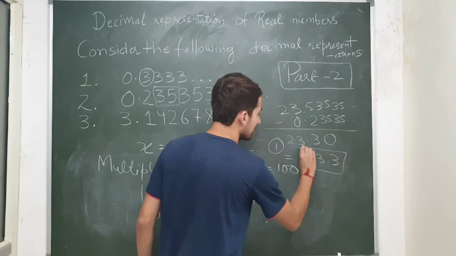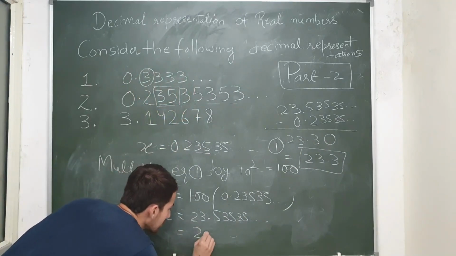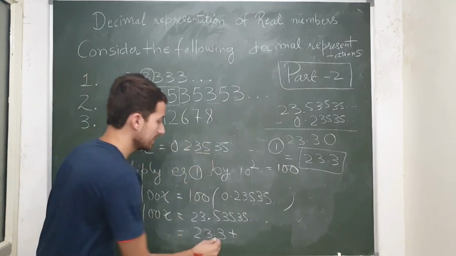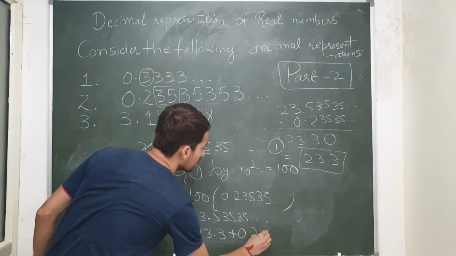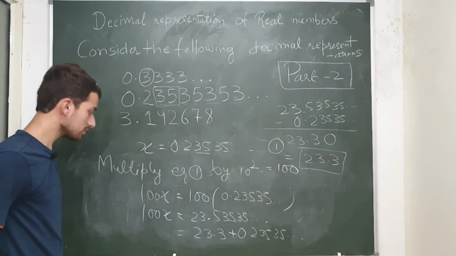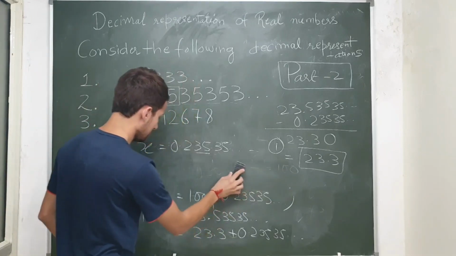They both are the same, 23.3 or 23.0. So what I will do is 23.3 plus this quantity 0.23535 and so on. Again we can do a similar process.